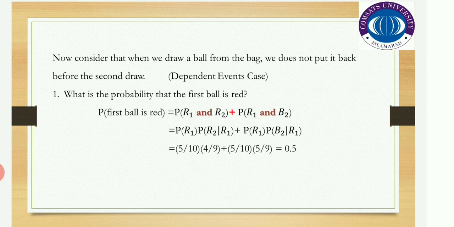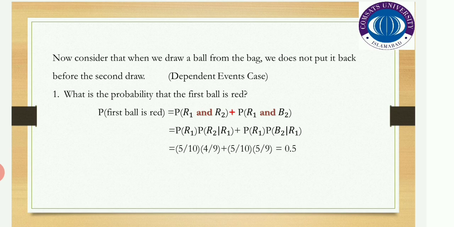Probability of R1 into probability of R2, given that R1 has occurred, plus probability of R1 into probability of B2, given that R1 has already occurred, as both events are dependent events because we have not put back the ball before drawing the second ball.